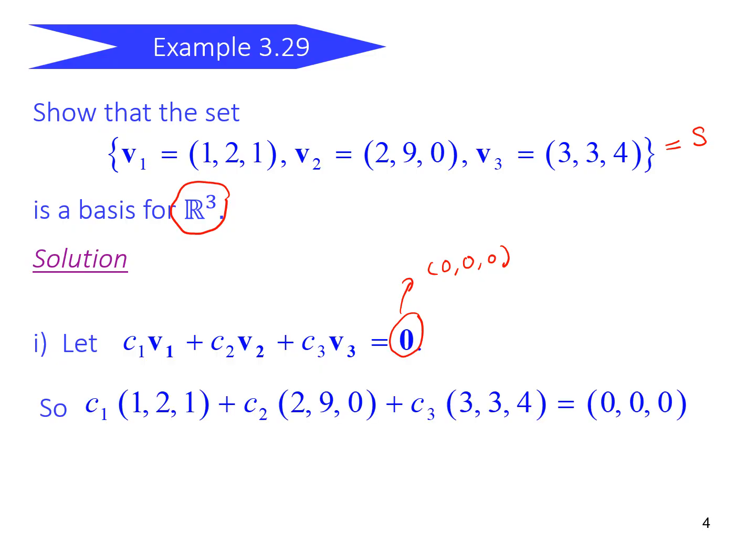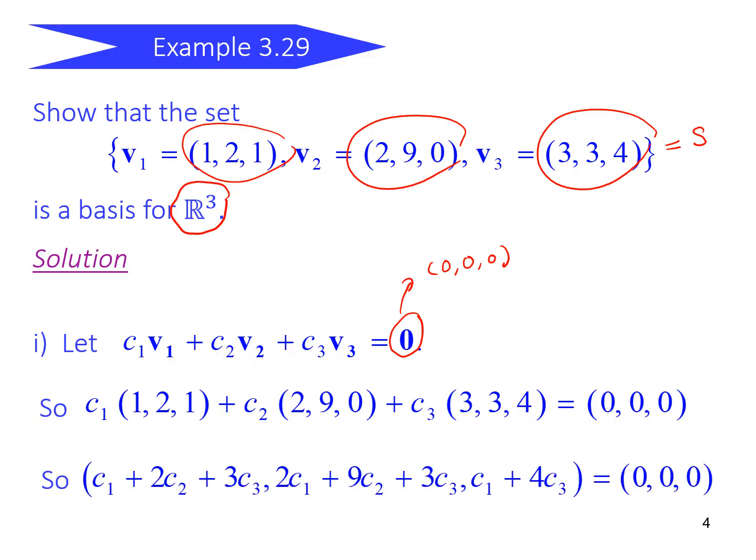To do that, we substitute V1, V2, V3 with these values, and we substitute the zero vector on the right hand side with (0, 0, 0), and we simplify this equation. We end up with this new equation. And to find the possible values for C1, C2, and C3, we compare component by component from the left hand side with the right hand side.